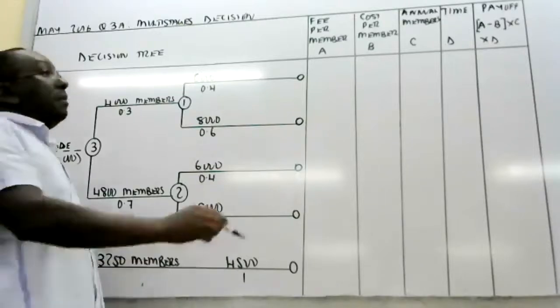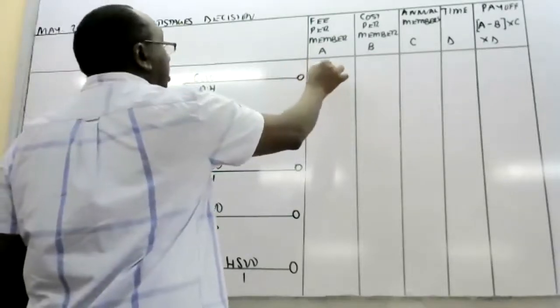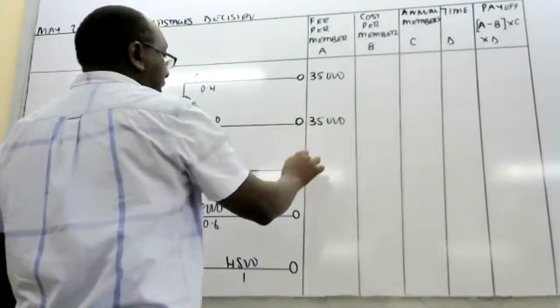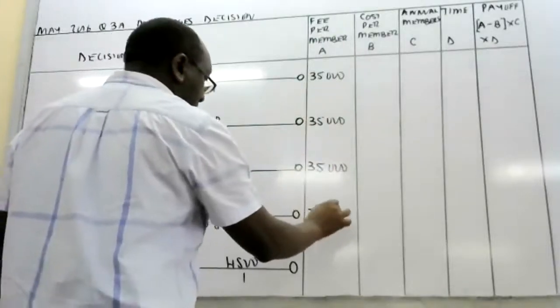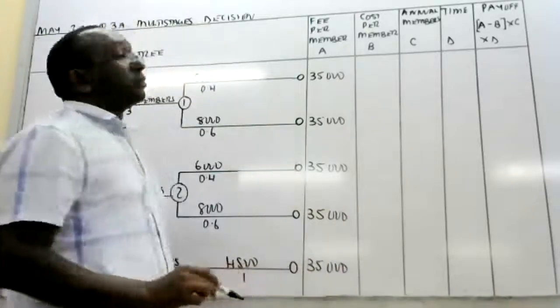So the fee per member is 5,000. So you can record that 5,000 here. Every member is paying that 5,000.